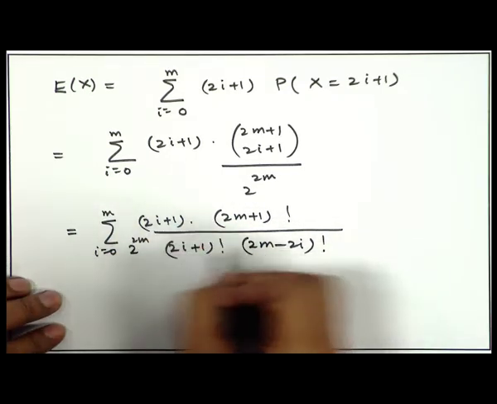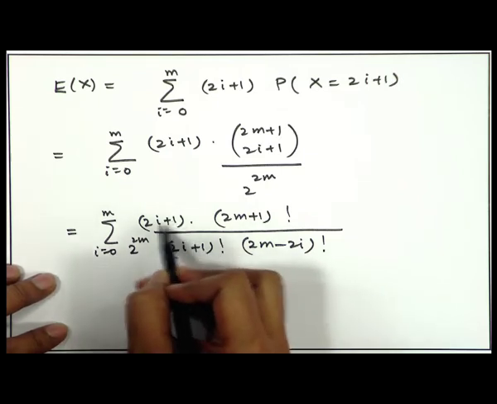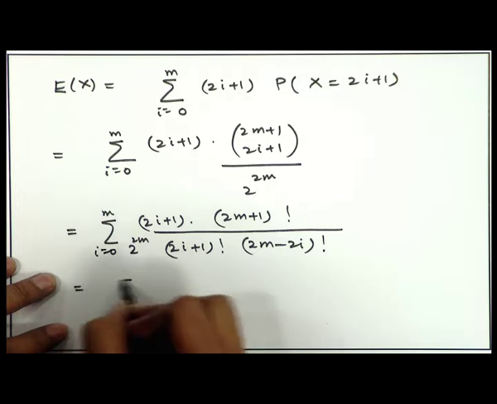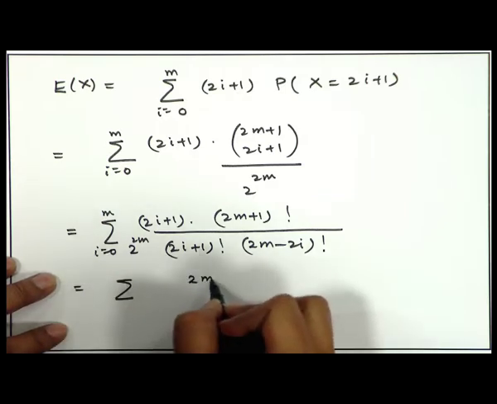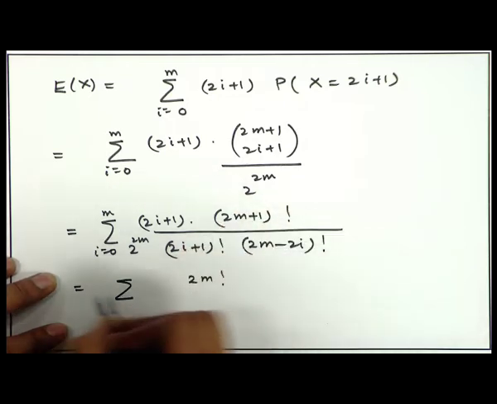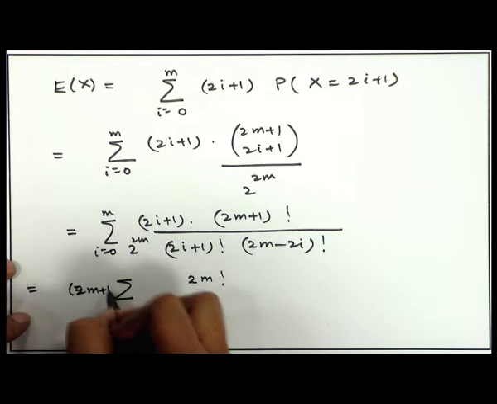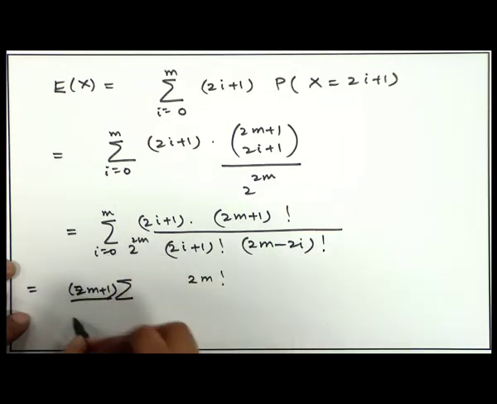Now, in the denominator we are having 2i plus 1 factorial, so one of the 2i plus 1 will cancel out. So, we get 2m factorial, and 2m plus 1 I take outside. So, 2m plus 1 divided by 2 to the power 2m.